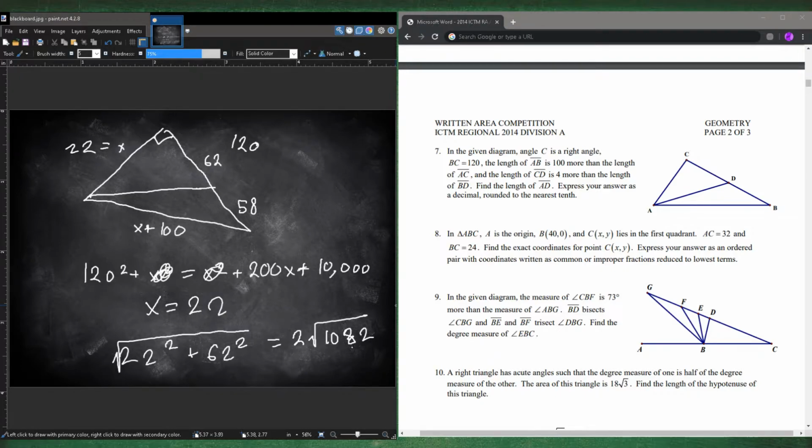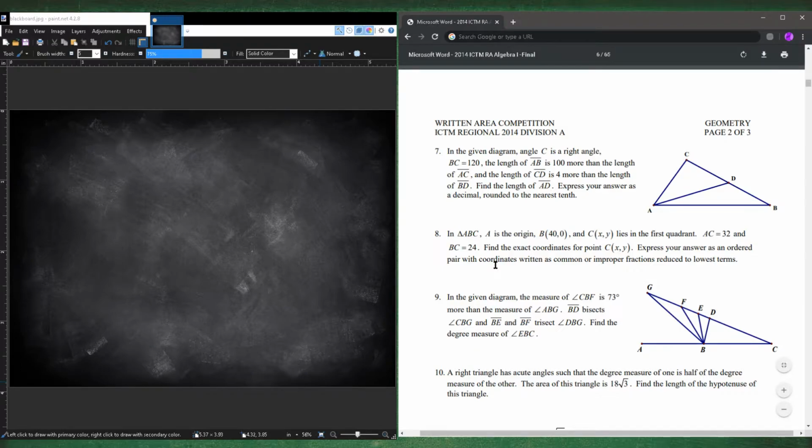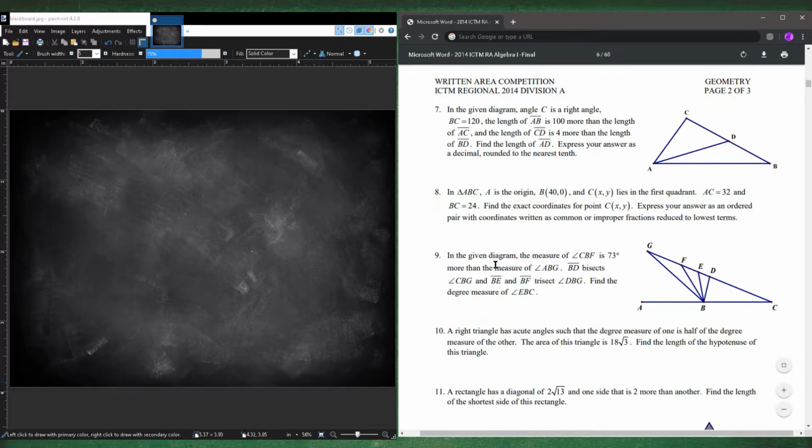And find your answer to decimals rounded. Okay, so that is equal to 65, well, to the nearest tenth, so 65.8. That's your answer. But if you want your exact answer, this is your exact answer. So that's the answer. So 65.8 for number 7.